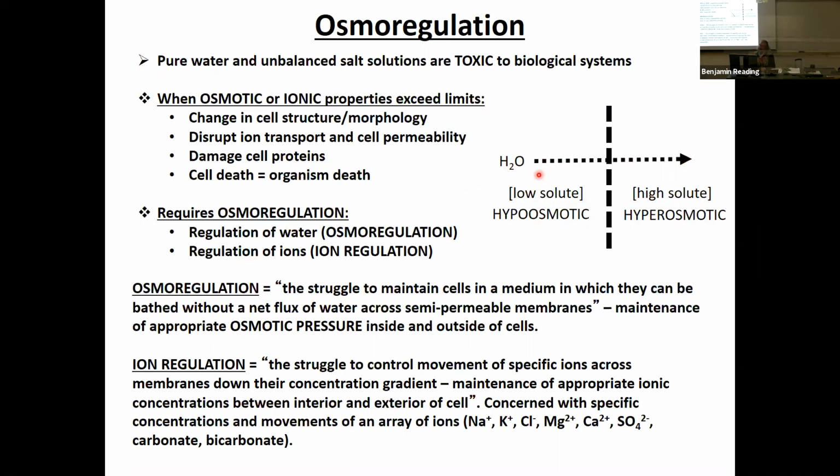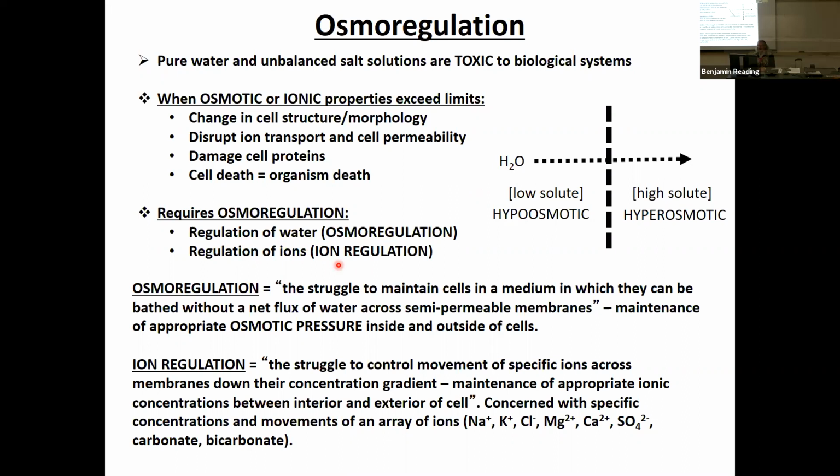So knowing this, what organisms, including fishes, have to do is they have to do two things. The first is they have to regulate this water, and that is called osmoregulation. But in order to regulate water, they have to actually regulate their ions, and this is called ion regulation.